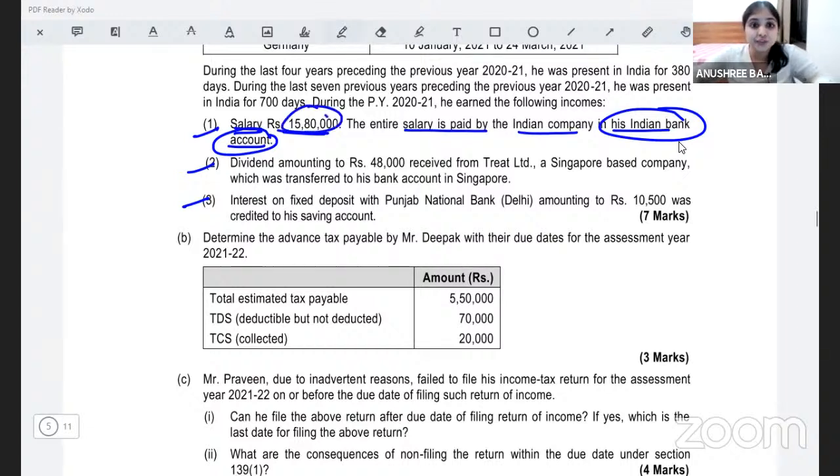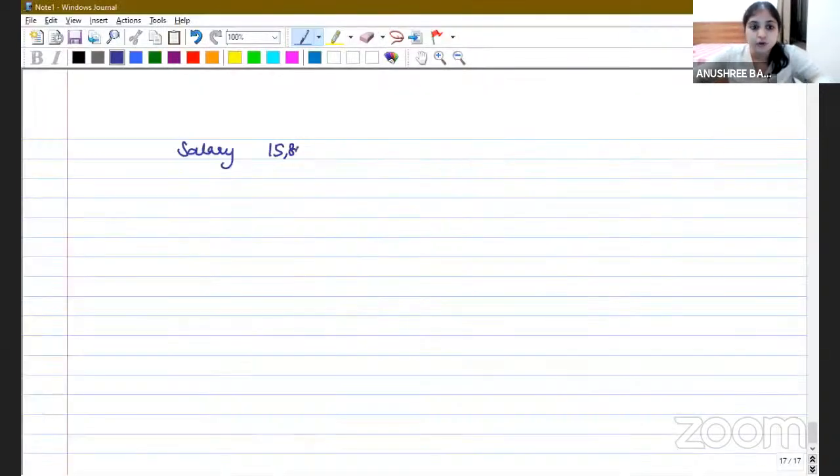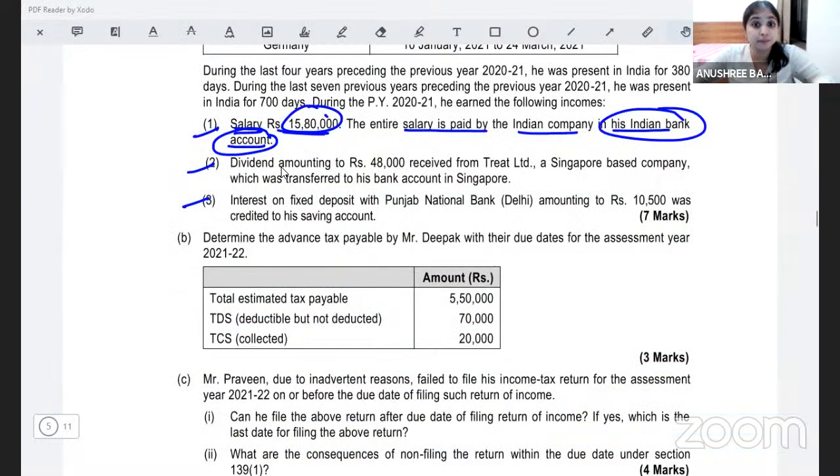His salary is 15 lakh 80,000. From this, remember to subtract standard deduction of 50,000. Why? Because the question does not say this is computed salary. The question just says this is salary income. Only if they mention in brackets it is computed, only then it will indicate that standard deduction, everything already provided.